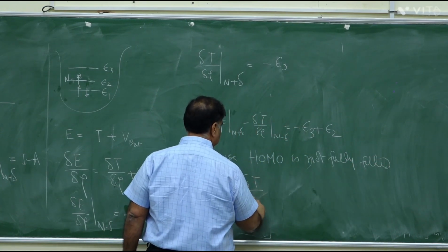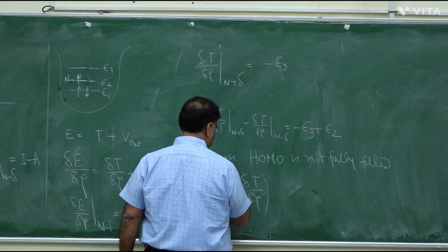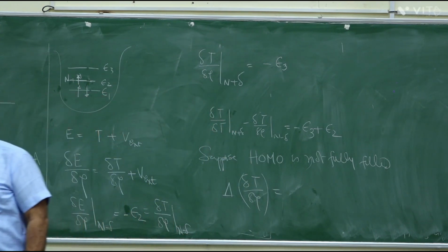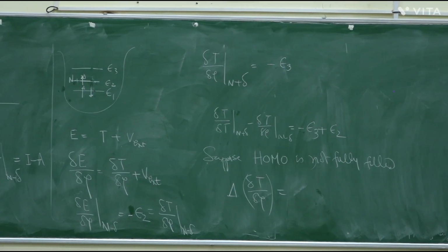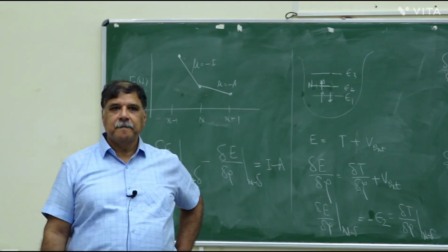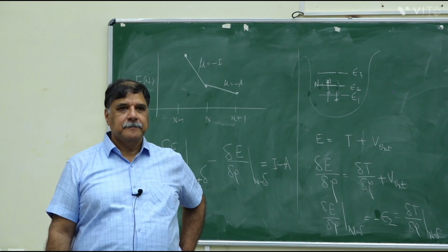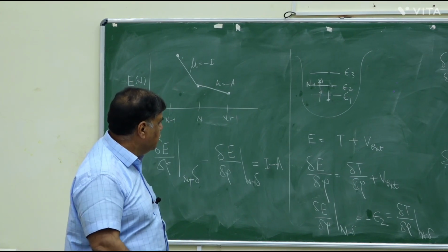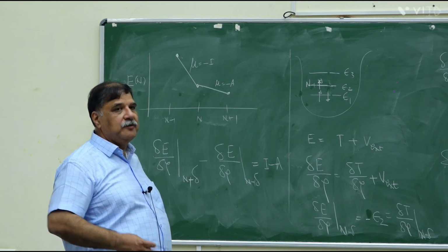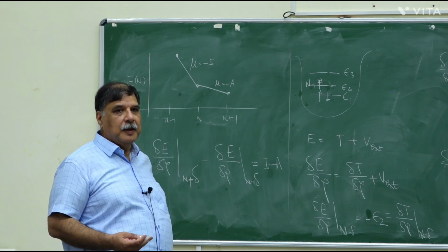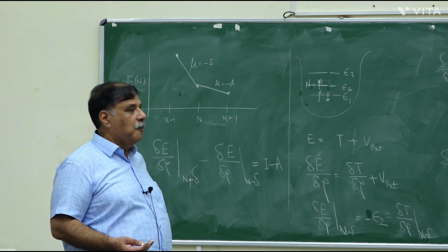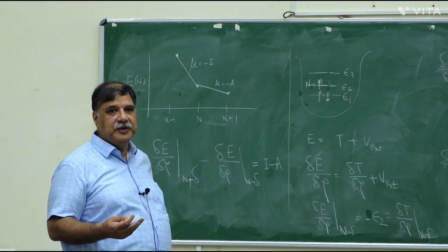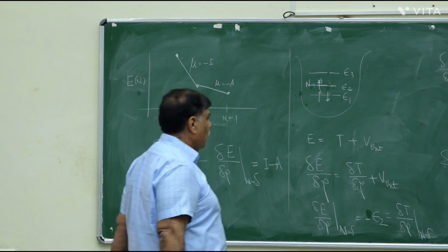And delta T, delta rho. How much will it be? What is the energy if you remove? How much energy is required if you are removing the electron? Epsilon 2. How much energy is gained when you are adding the electron? Epsilon 2. What will be the difference? 0.